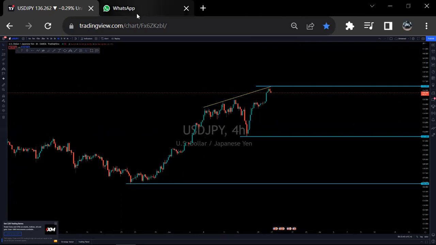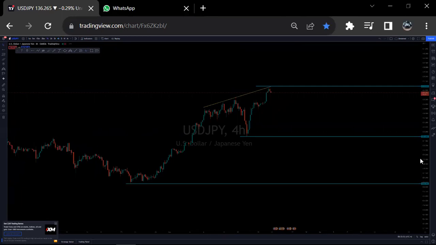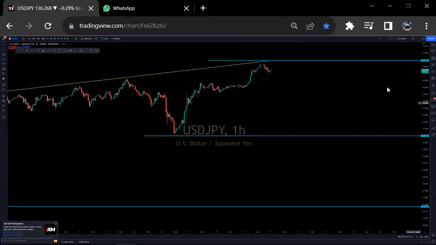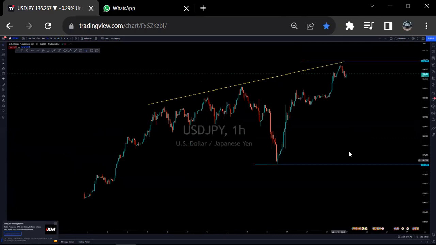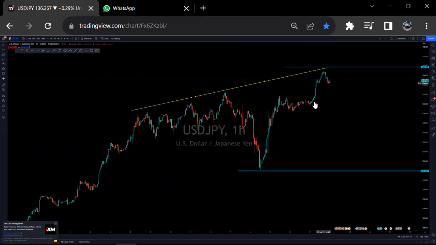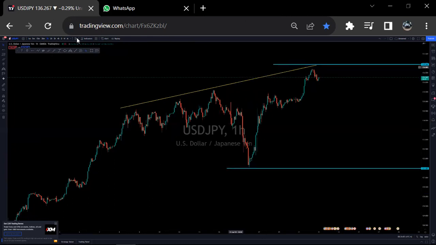And then from here, we can go to the 1-hour. So on the 1-hour, let's pray that price just comes down with an impulse, and then it gives us a correction. So let's go to the M8.